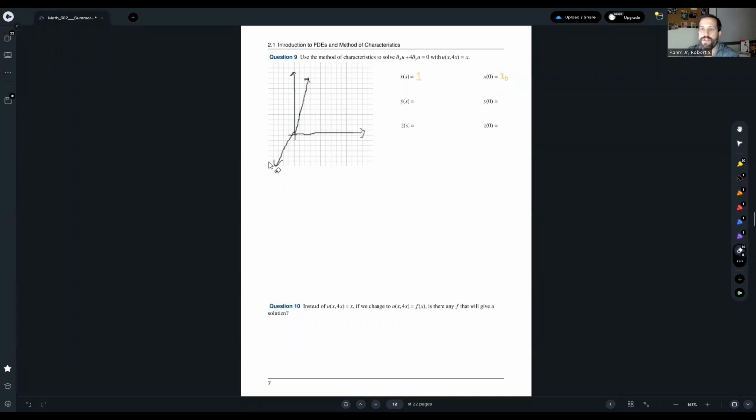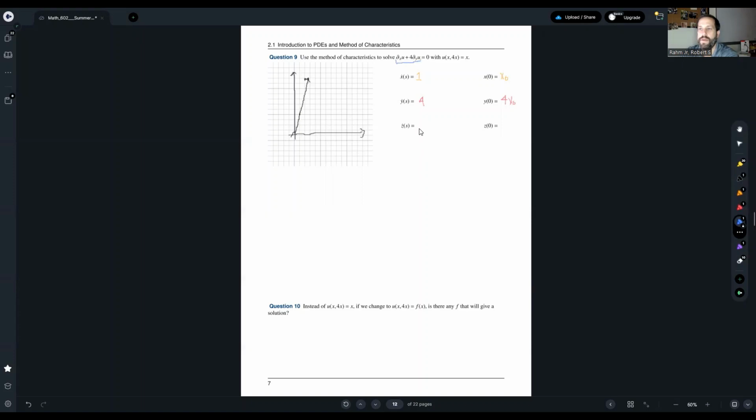I'm just going to get rid of this part because that just is not right. Looks really bad. Okay. So now the y equation is going to be the thing multiplying the partial derivative of u with respect to y, which is 4. And again, I want this initial point, x naught, y naught, to lie on this curve. So I'm going to put 4x naught here. And z dot is just going to be, this part right here is always sort of the z dot.